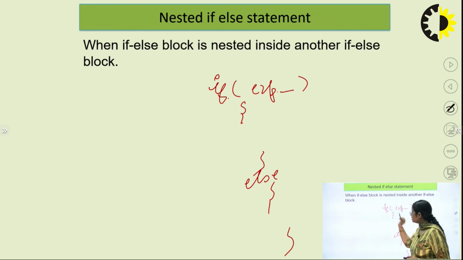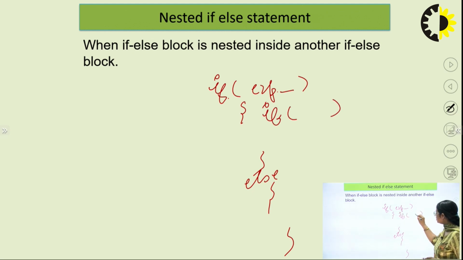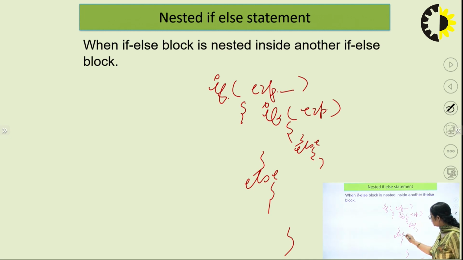This is the if block, and in this if block we have another if else block. Suppose this is for if, and again we have an else. Similarly, in the else block we can write another if expression, with its own if block and else block.